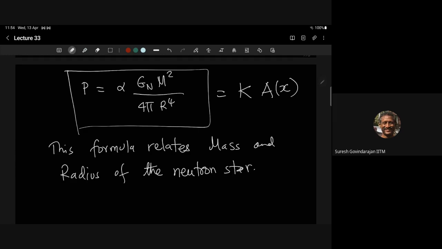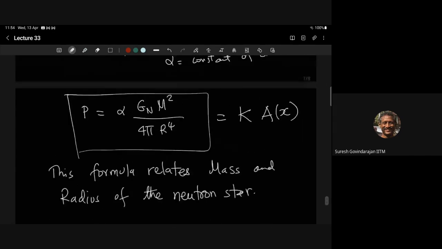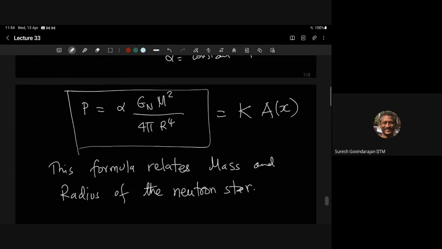Okay, so this is some implicit, messy equation, but we know the right hand side also. So really, it is this combination.